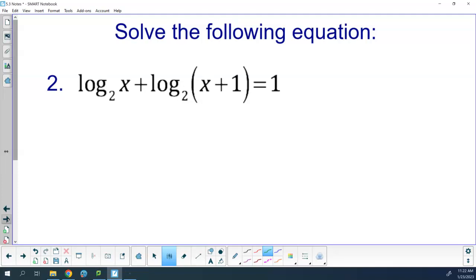Are we adding or are we subtracting the two logs? Actually, even before that, can I get it into the form log equals log? Can I get it so that it's log equals log? Yeah, I could.